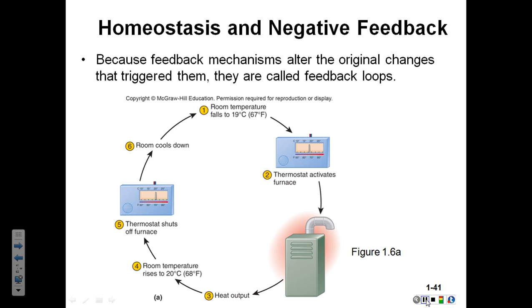Normal body temperature is 98.7. All right? So if it goes too high, we got a fever. If it goes too low, we get cold, which can also sometimes be a form of illness. But the key thing is, it's different than the set range.